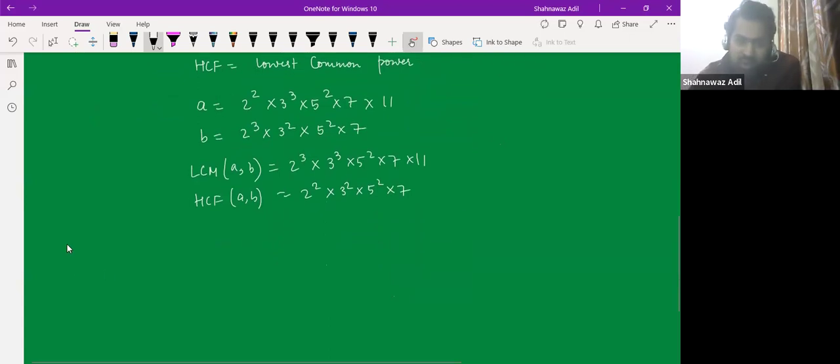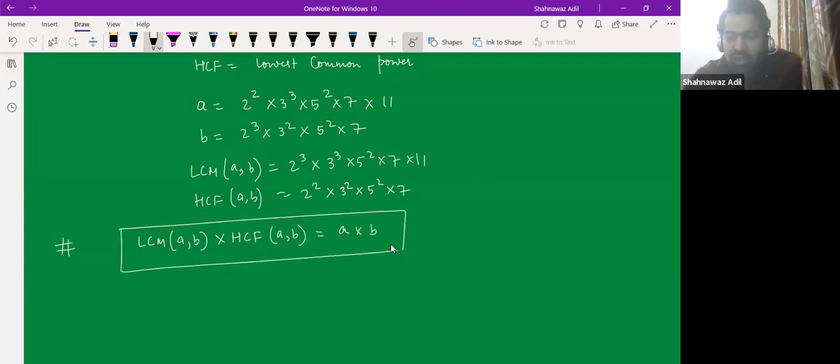One important relation about LCM and HCF is that the product of LCM and HCF of two numbers would be equal to the product of the two numbers. These are the things that we understood in this chapter.